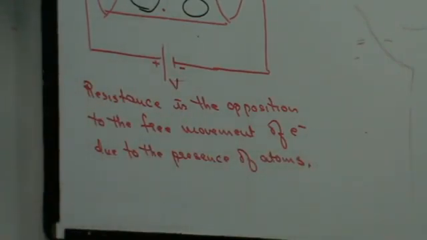This opposition to the free movement of electrons is called resistance. And that is the reason why in Ohm's law he has called it resistance and not something else. Fine, do you get this clear?